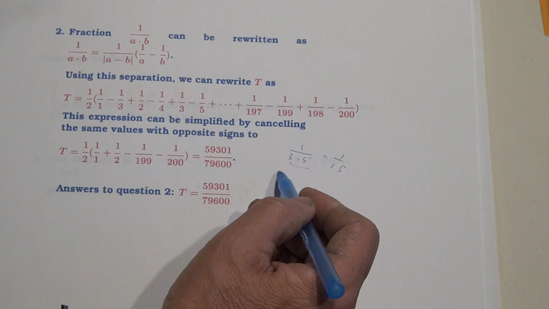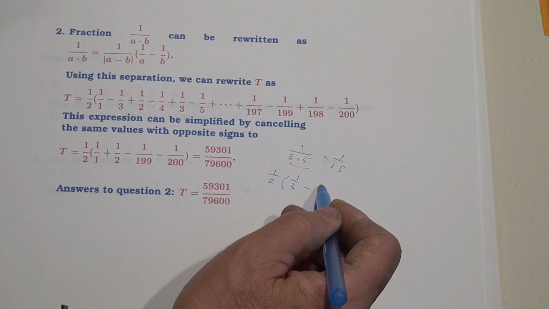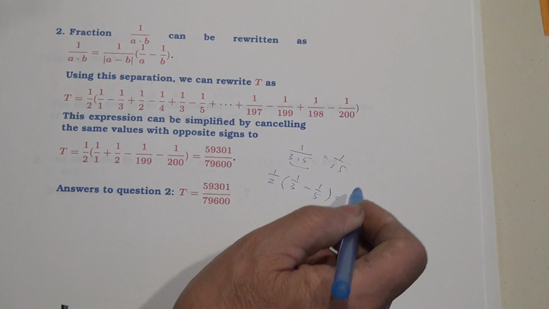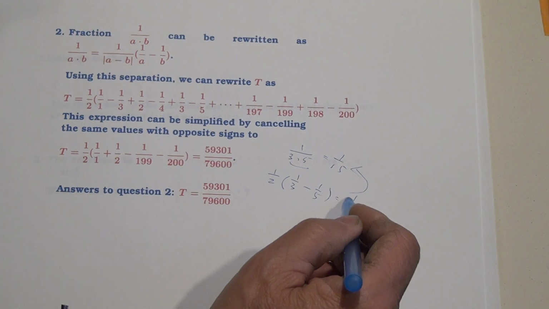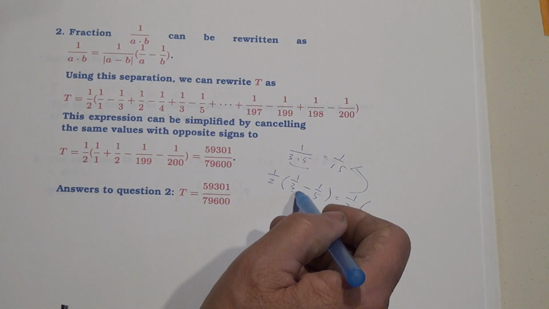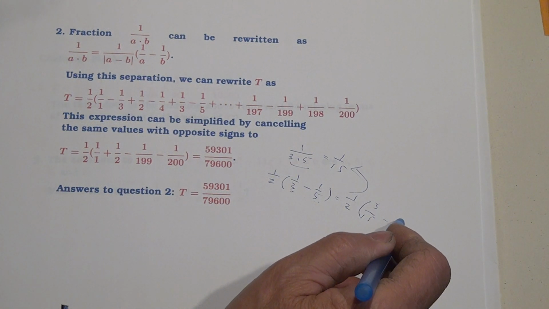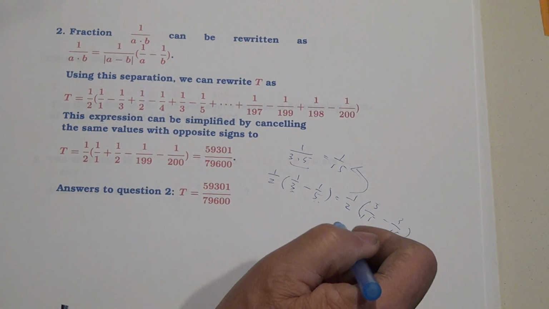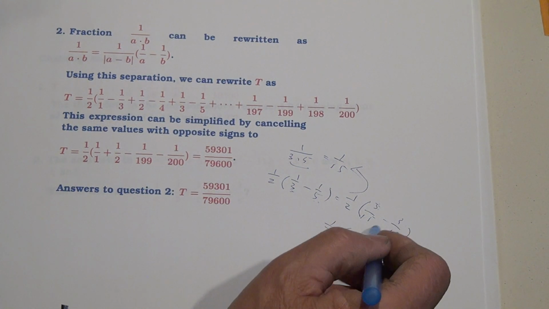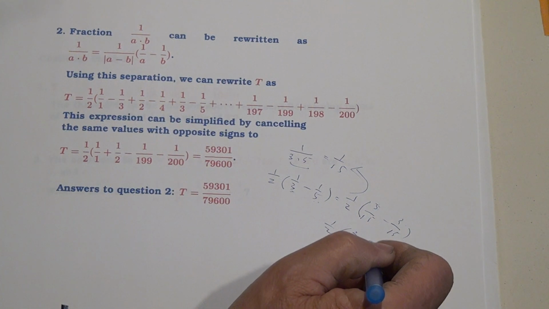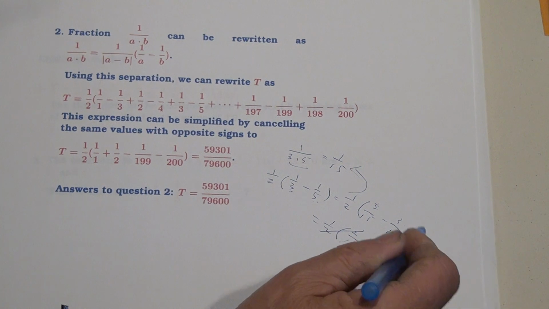In this case, you can separate it as 1 over 2 times (1 over 3 minus 1 over 5). If you simplify that, it will come out 1 over 15. Let's see if it's true or not. 1 over 2 times, with common denominator 15, 5 over 15 minus 3 over 15, which is 1 over 2 times 2 over 15. Now the 2 and 2 cancel, which is 1 over 15, obviously.